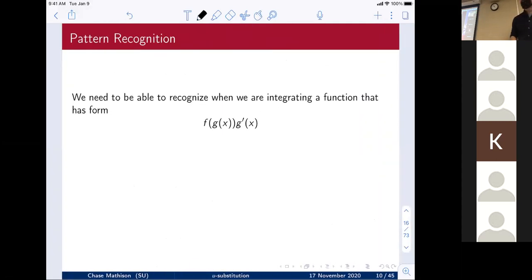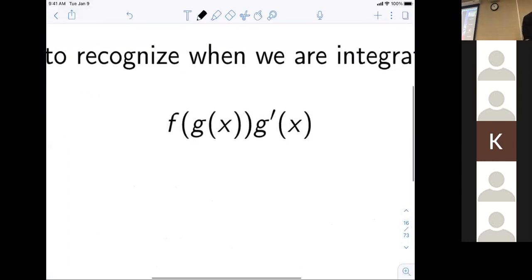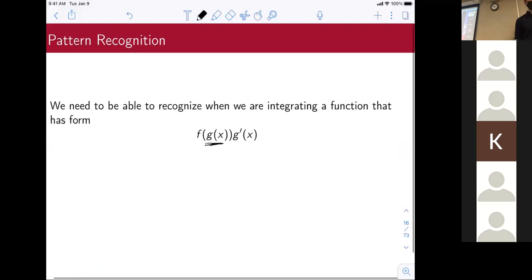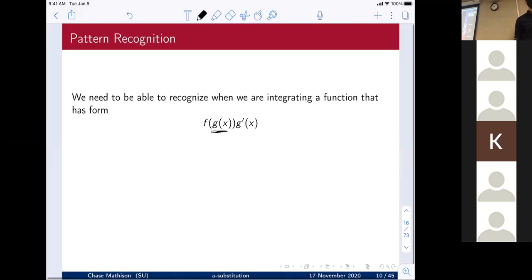All right, so this is the whole thing. We need to be able to recognize when we're integrating f of g of x times g prime of x. Okay, so you're always trying to find, and it's almost always going to be, what's the most complicated thing going on inside of an integral. You're going to find what's the most complicated thing, and that's going to be your g of x. Then g prime of x will hopefully be making an appearance somewhere else in the integral.